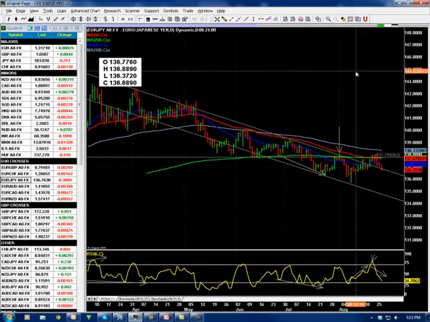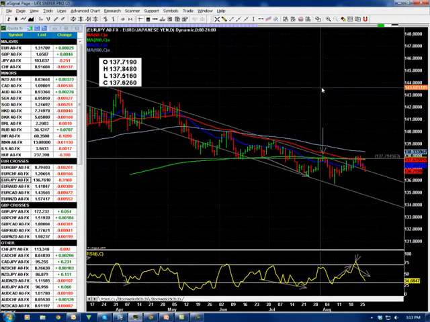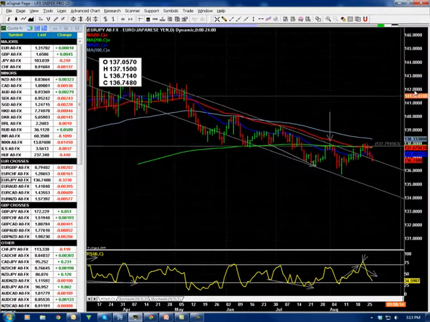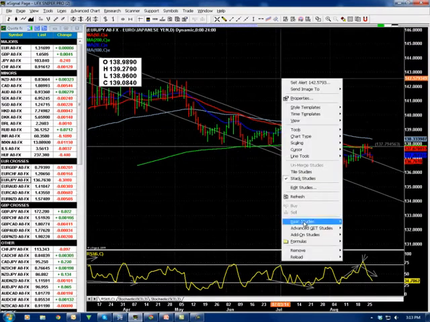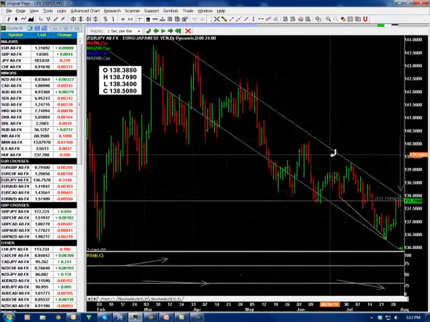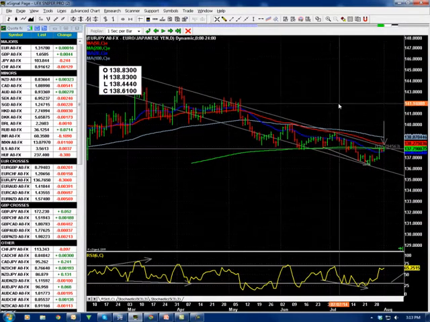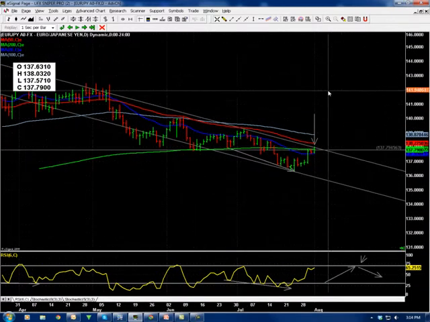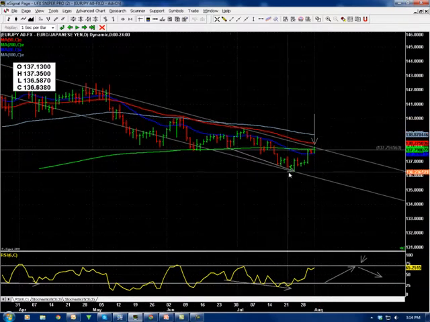So what I've got here is the Euro-Japanese yen. I'm going to go back to this trade here, which was giving lower highs and lower lows.